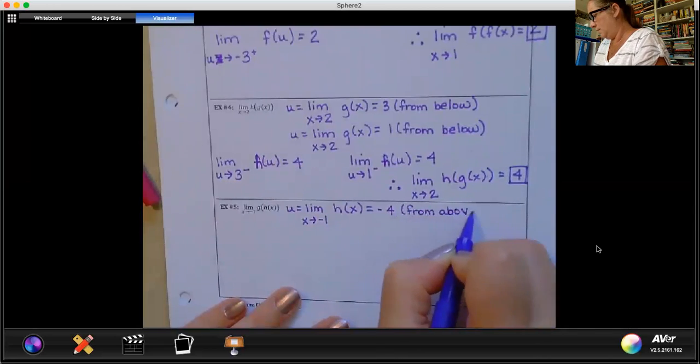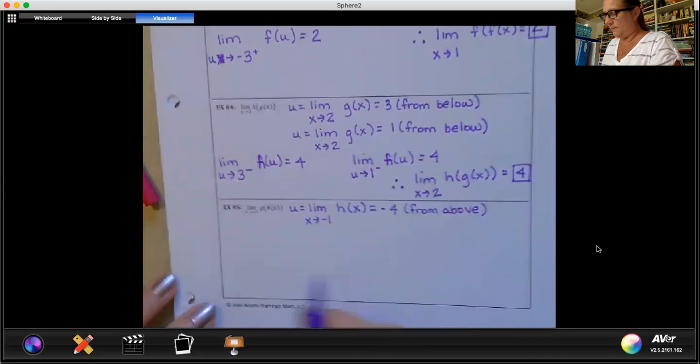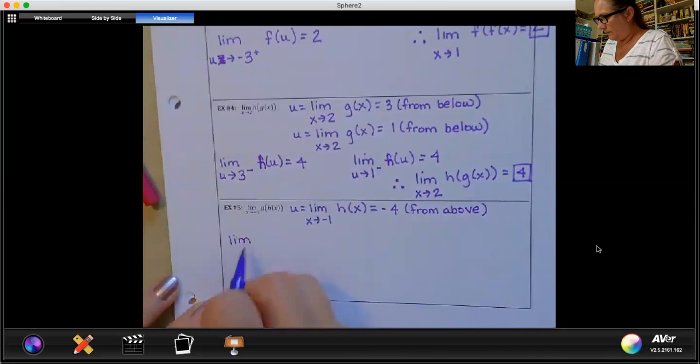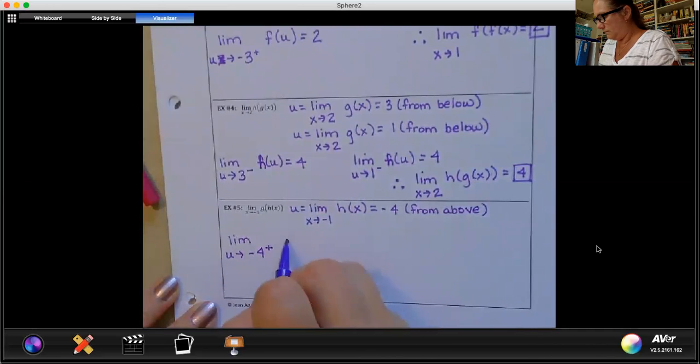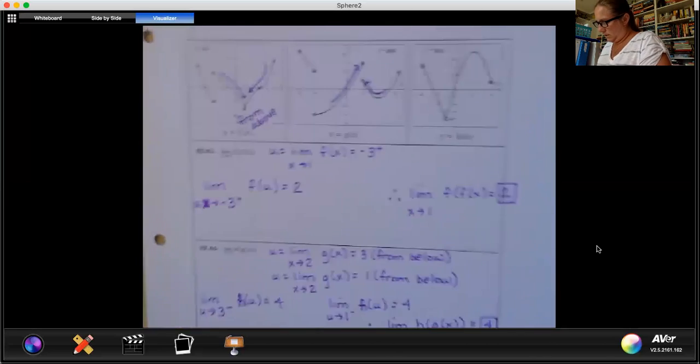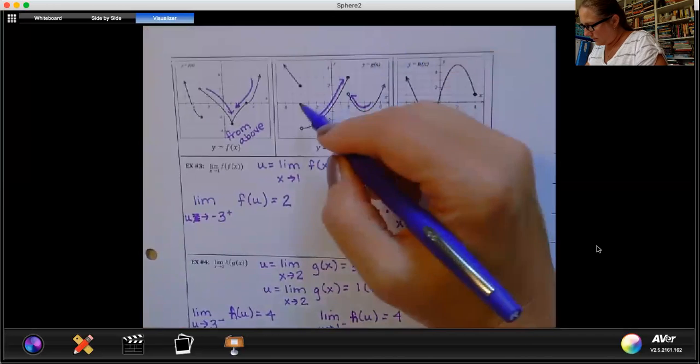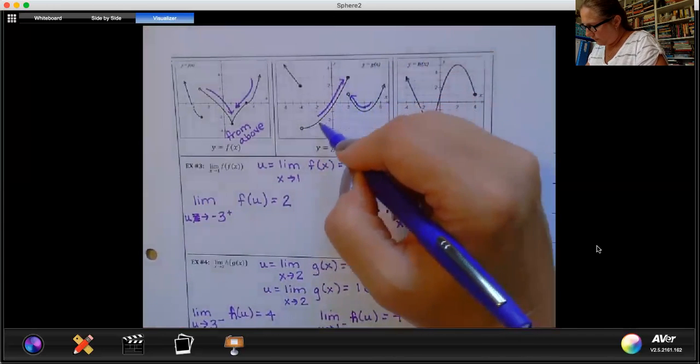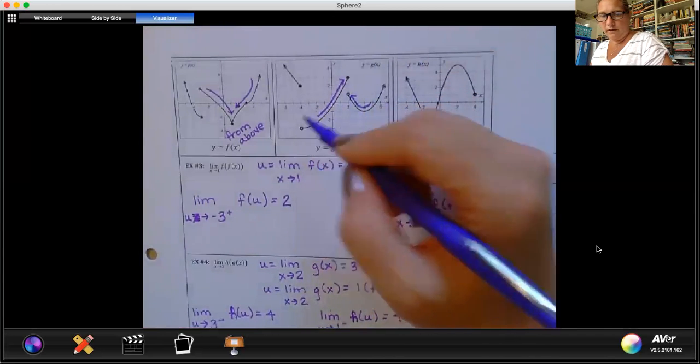One value because they approach the same value. So the limit as u approaches -4 from above, g of u, -4 from the right is -3.